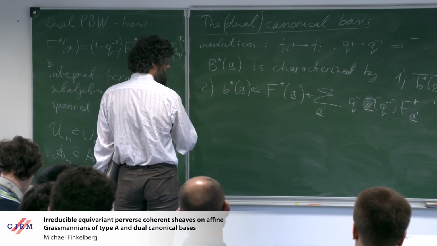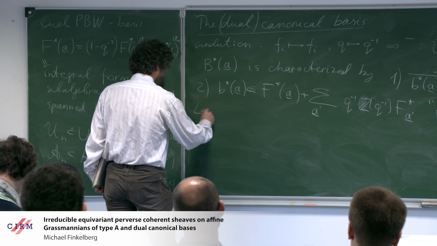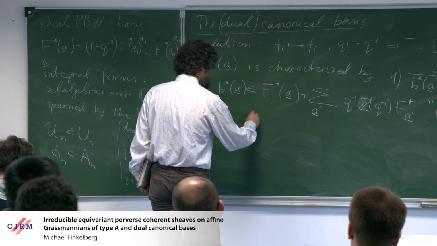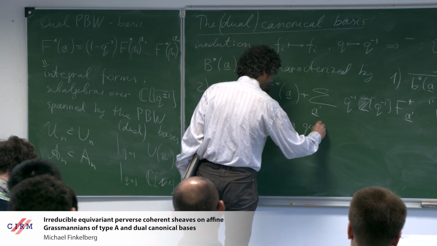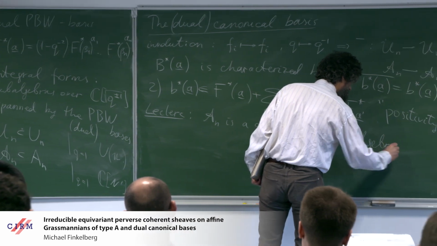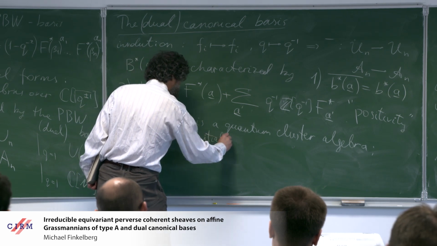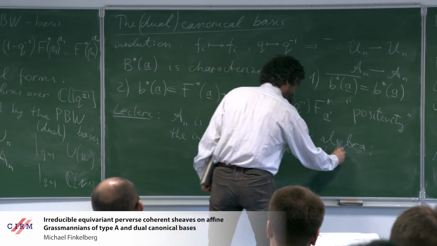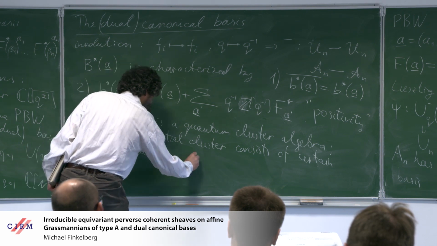Okay, so now let me mention the theorem of Leclerc that this A n is a quantum cluster algebra, and the initial cluster consists of a certain quantum generalized minors.